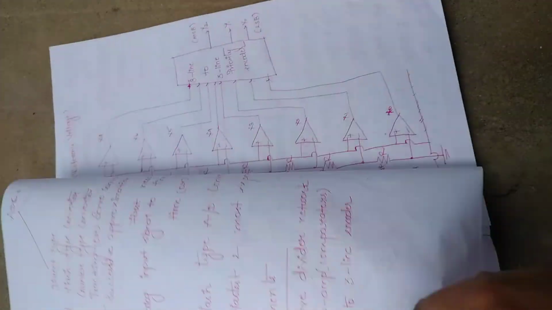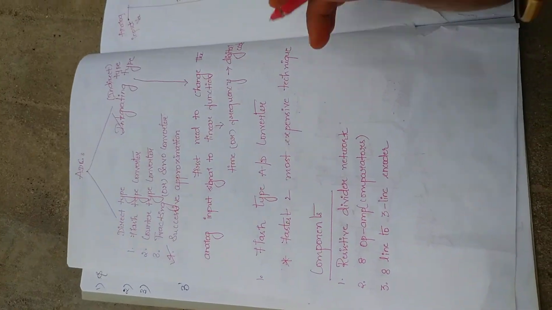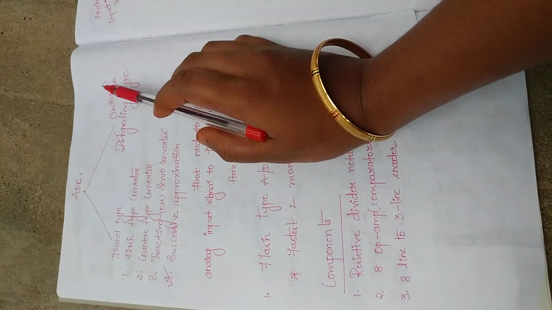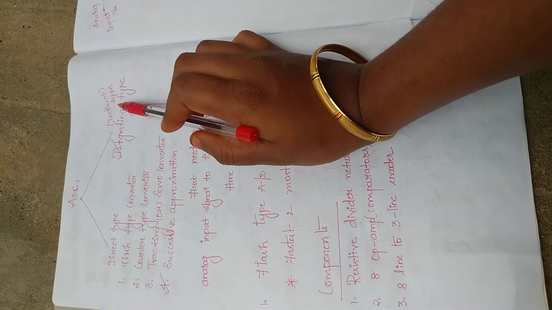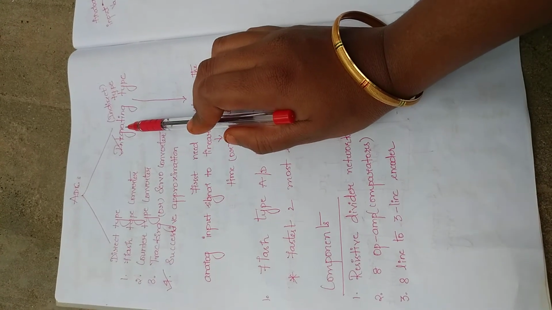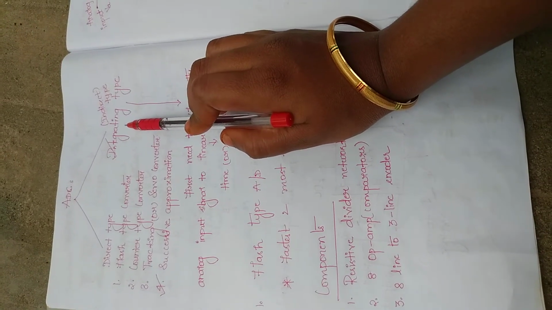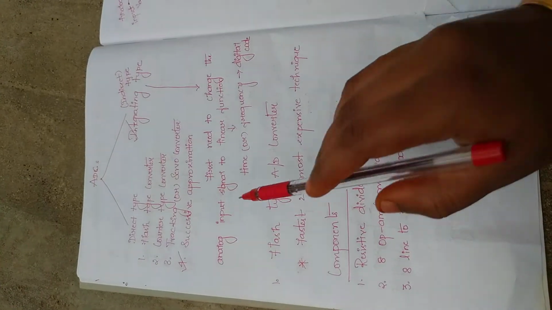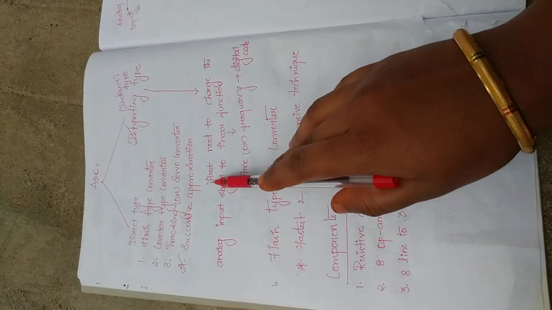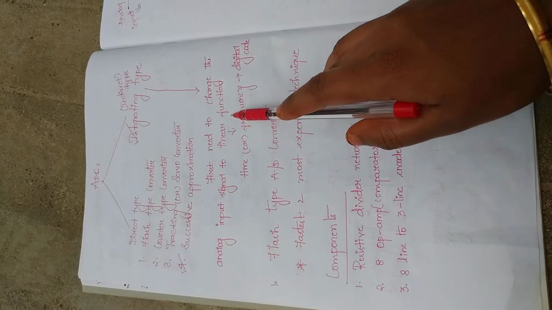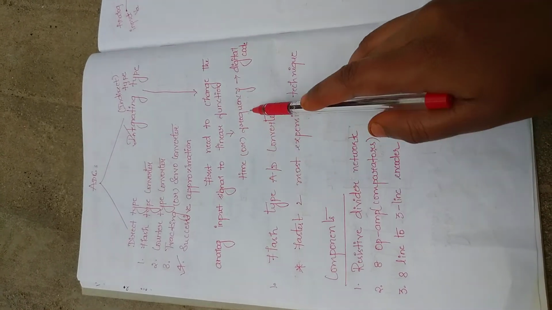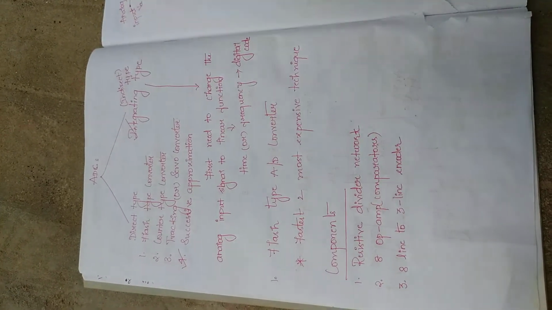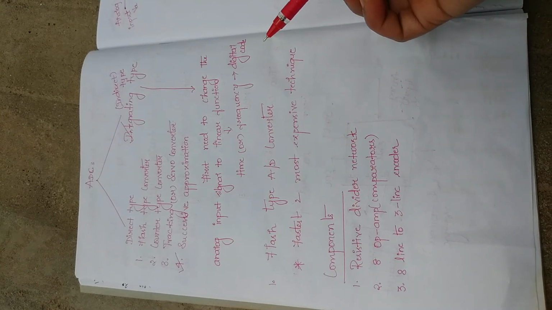Next, the classification of analog to digital converters is direct and indirect type. The other name of indirect type is integrating. The meaning of indirect is that you have to convert your analog signal first into a linear function, that is in terms of time or frequency, and then convert it into a digital code.